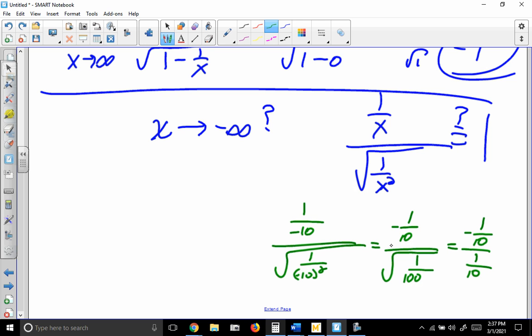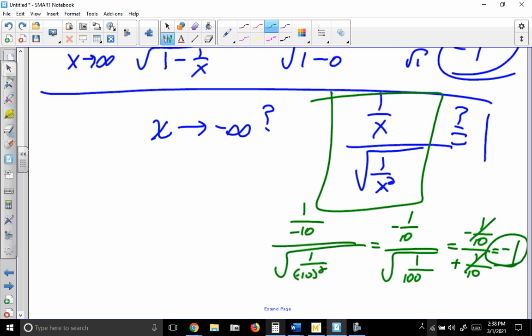The notation square root implies a positive value. But if we're letting x go to negative infinity, the numerator is negative. Well, if the bottom is positive and the top is negative, that's negative. Anything divided by itself makes 1. So this fraction is actually equivalent to negative 1, not positive 1.